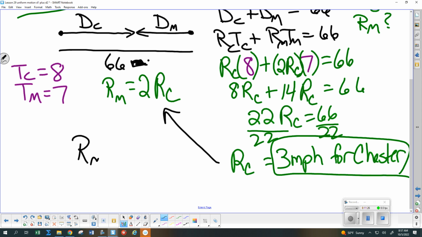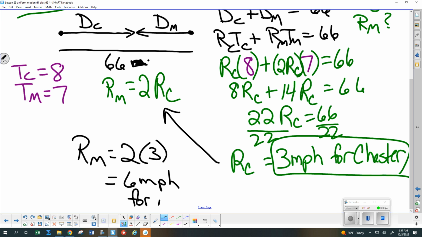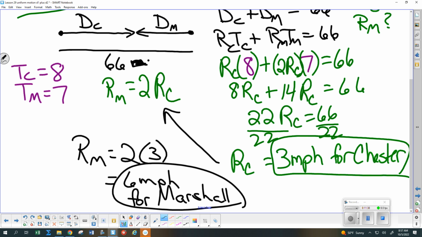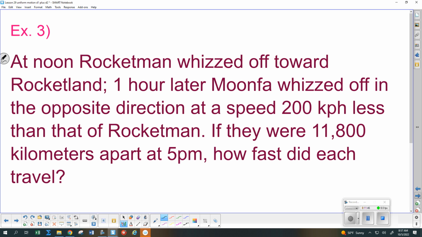So Marshall's rate is 2 times that 3, so 6 miles per hour for Marshall Dillon. Thumbs up, thumbs down for how much sense that one makes now. Anybody with questions?